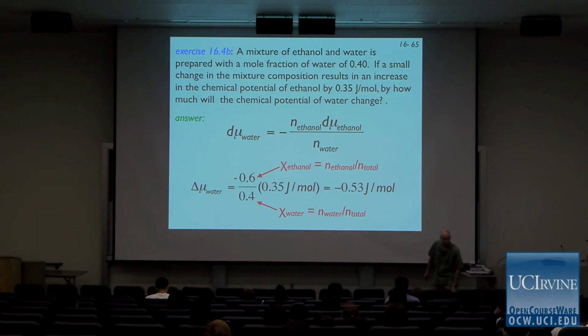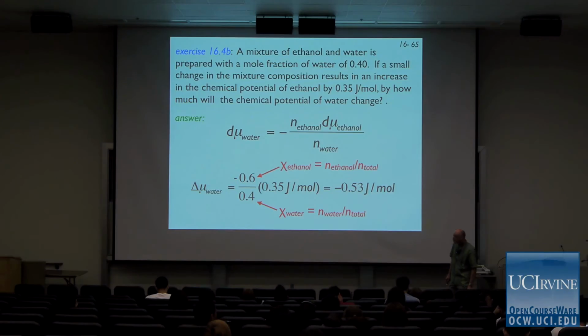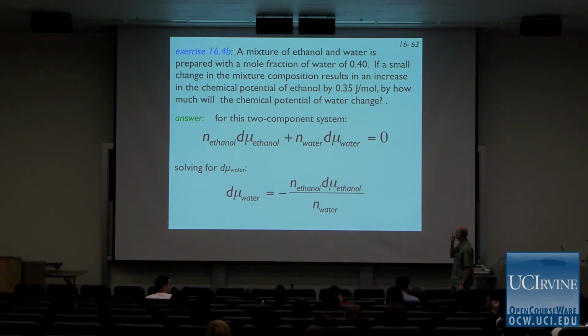If we're trying to find the change of chemical potential, we can pick and choose which one is changing. Because for one it's d mu n, and the other time it was mu dn. So one time it's the moles that are changing with just one mu, and the other time it's the mu that's changing.